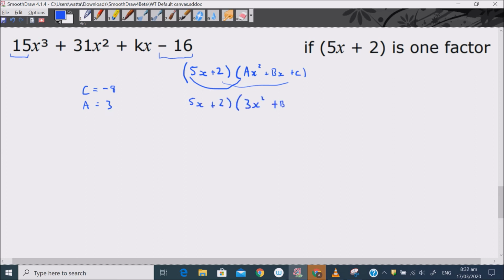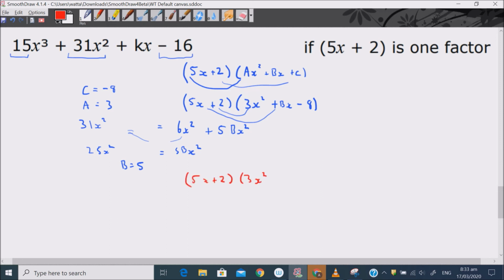You'll see that we don't even need to do the full expansion, but when you expand out, the last term is going to be negative 16, so that tells me c is negative 8. A is 3 because of the x cubed term. So we just need to look for the term that gives us the 31. We're not even going to do the whole thing, we're just going to multiply that bit out. That tells us that b is equal to 5.